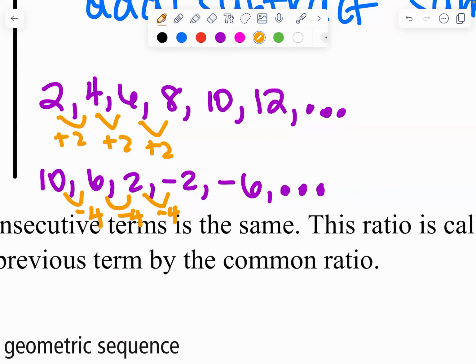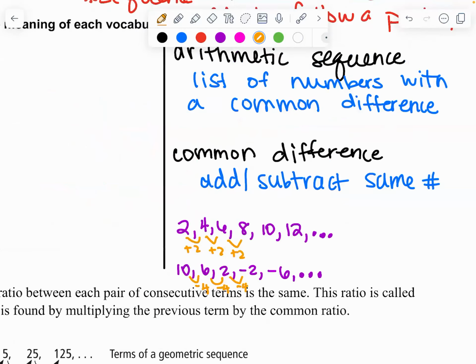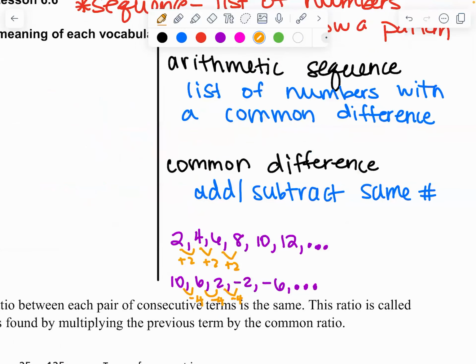So if you were to use an educated guess, in an arithmetic sequence, we are adding or subtracting the same number over and over.